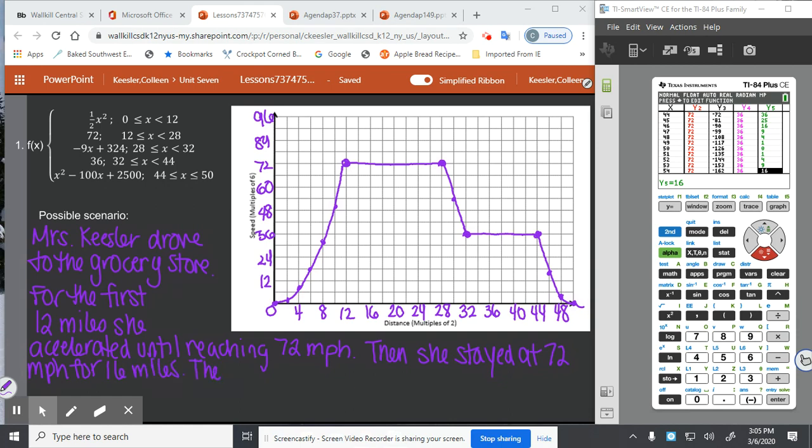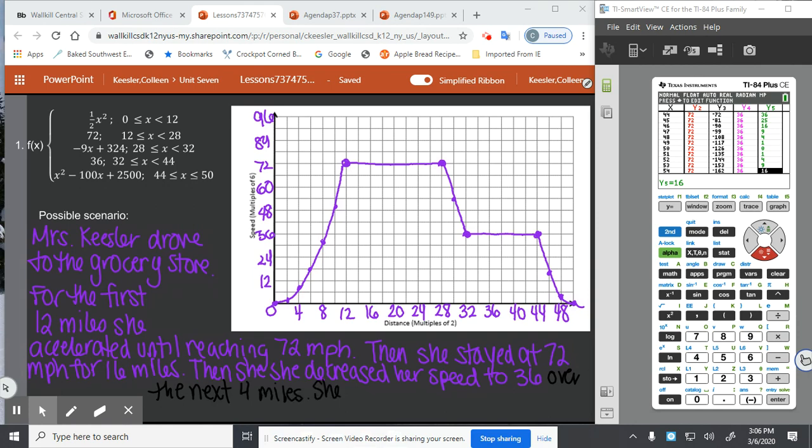Then she decreased her speed to 36 over the next, why I turned to black, I'm not sure. 28 to 32 is 4 miles.